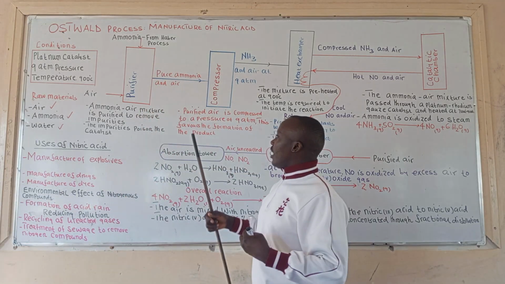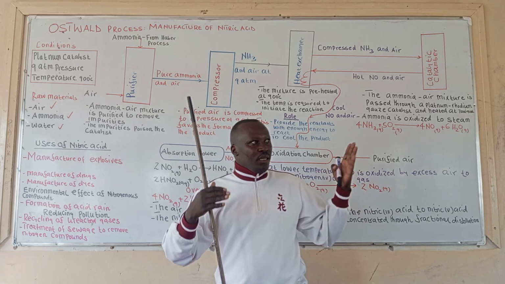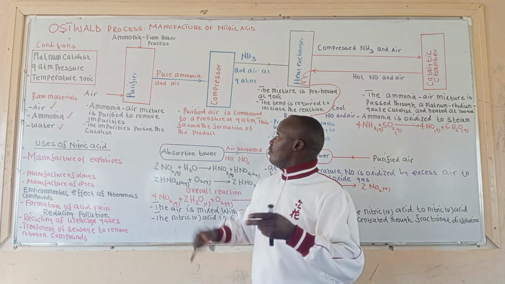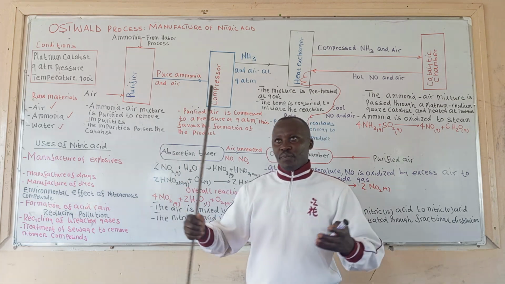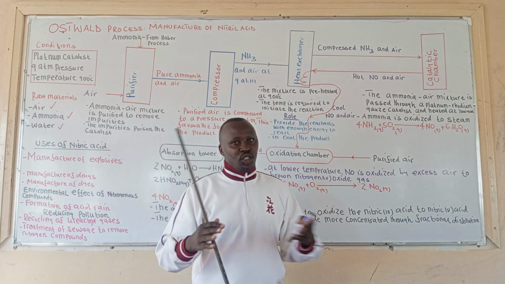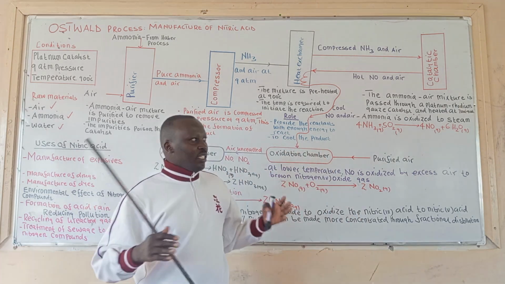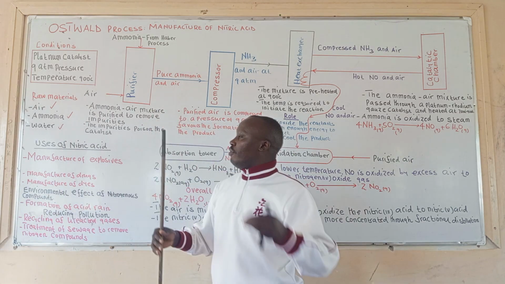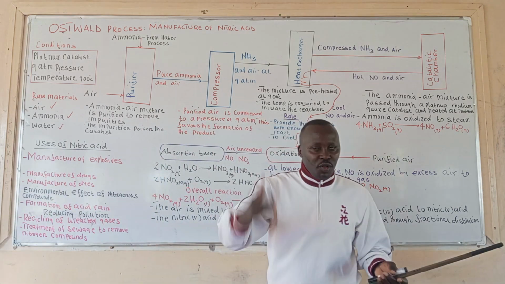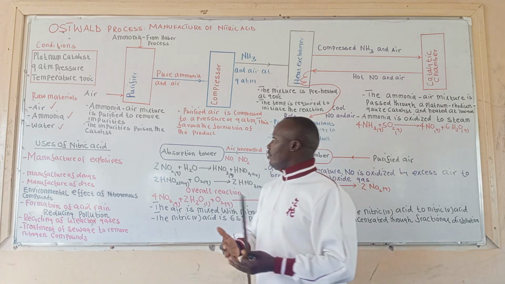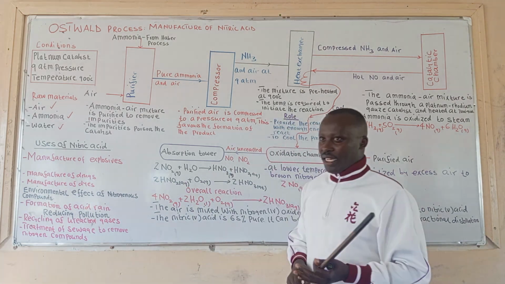Why the dust particles? Because we have ammonia, which is just a gas, and then we have air, which is a mixture of gases. In the mixture of gases, the impurities normally present are the dust particles. So they are removed at the purification stage to prevent the poisoning of the catalyst.